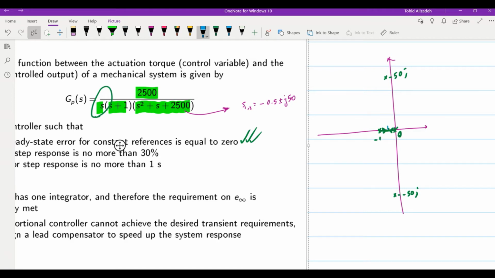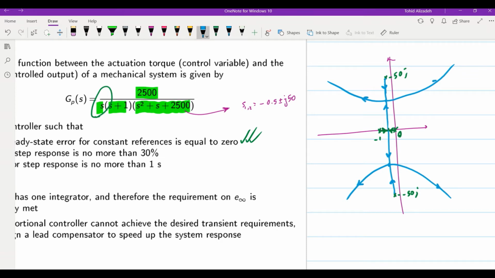Then they will depart the real axis. We will have two branches originating from the complex poles. They will meet at some point, let's say over here, and then they will go towards infinity using the asymptotes. So this will be somehow the Root-Locus drawing for this system for positive values of k.